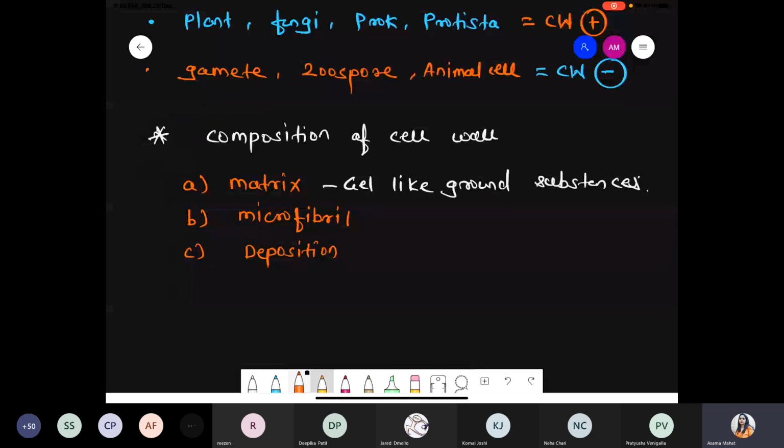Okay. And whenever we are talking about the matrix, this matrix consists of the following. Inside the matrix, the highest concentration is of water. Water is present in high amount. Followed by the presence of hemicellulose, followed by the presence of pectin, followed by lipid, and finally the presence of protein.